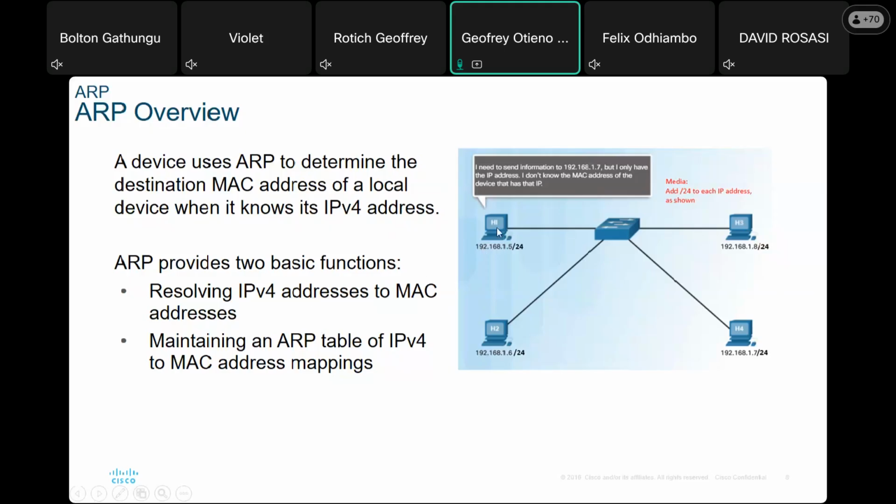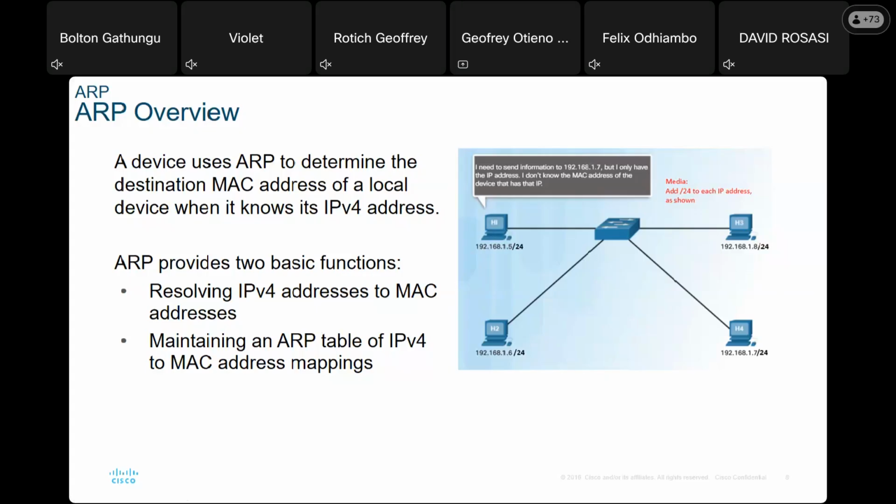And that's why you can see H1 here. So we have H1, H2, H3, H4. H1, I need to send information to 192.168.1.7, in this case H4 or host 4. But I only have the IP address.